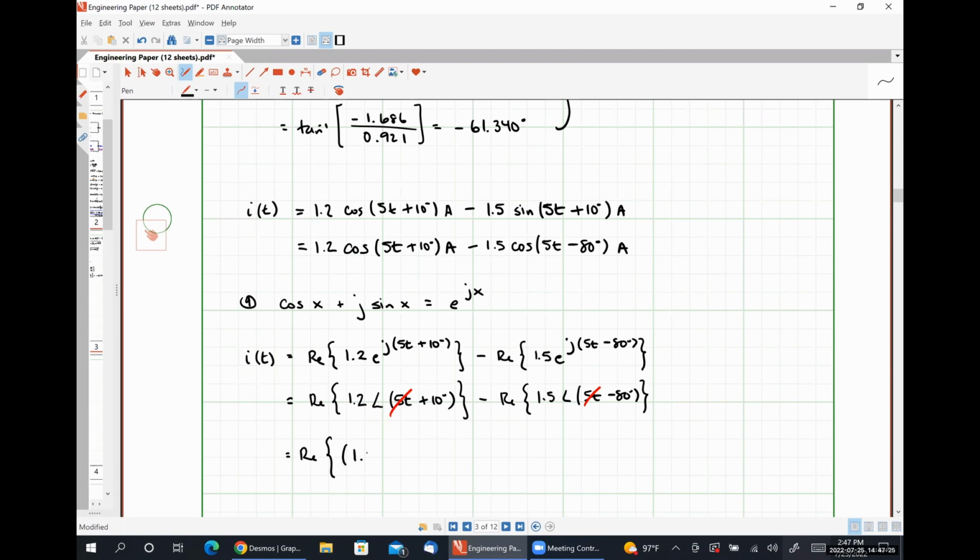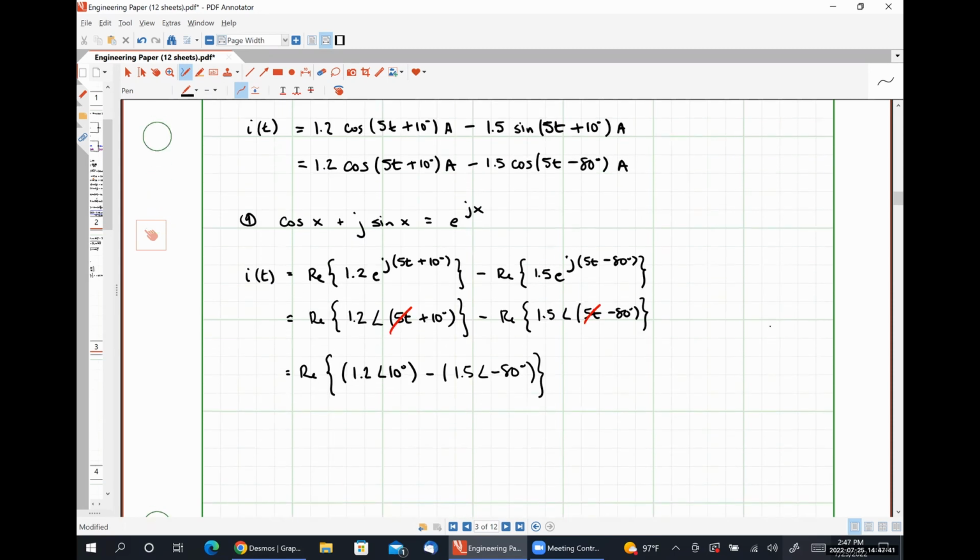So we're going to have 1.2 angle 10 degrees minus 1.5 angle negative 80 degrees. And I would like for you guys to use your calculators and do that math. So I'm going to do it with you on my TI 36 here.